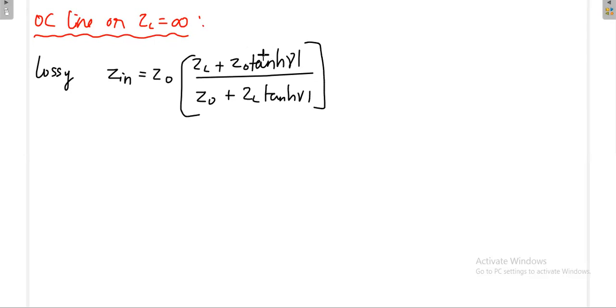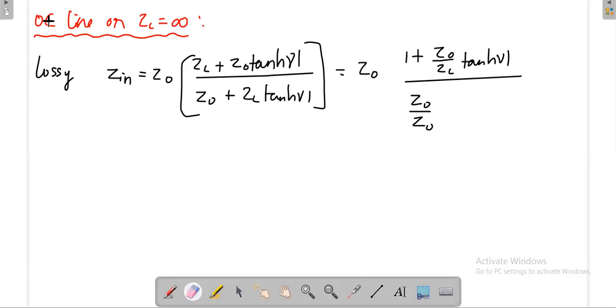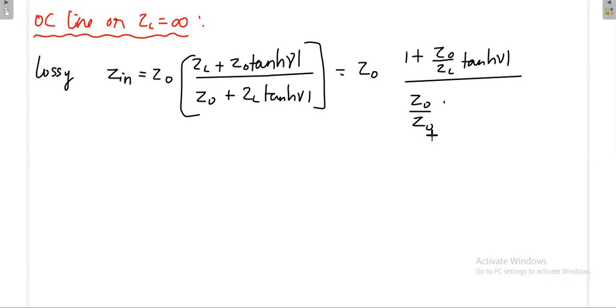If you substitute infinite divided by infinite, it is not in a proper format, so you take ZL outside and modify the equation. Once you modify it, it goes like this: Z0 (1 + (Z0/ZL) tanh γL) divided by ((Z0/ZL) + tanh γL).